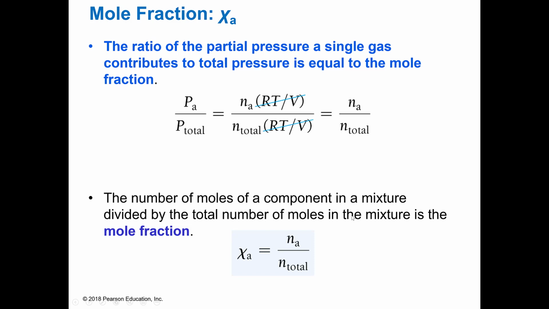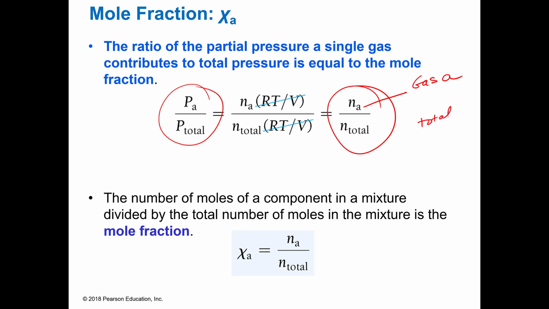The ratio of the partial pressure of each gas to the total pressure is equal to the mole fraction of the mixture. So if this is gas A, the moles of gas A divided by the total moles of gas gives us what we call the mole fraction.